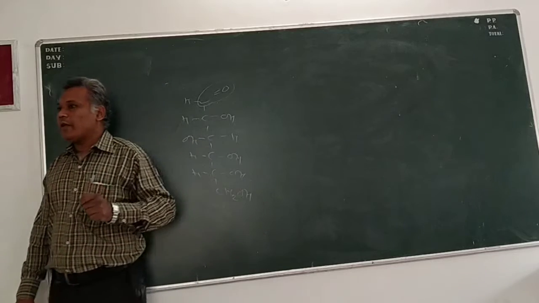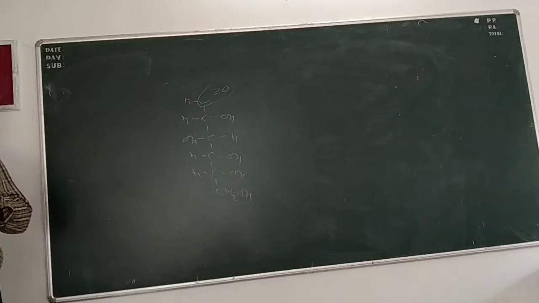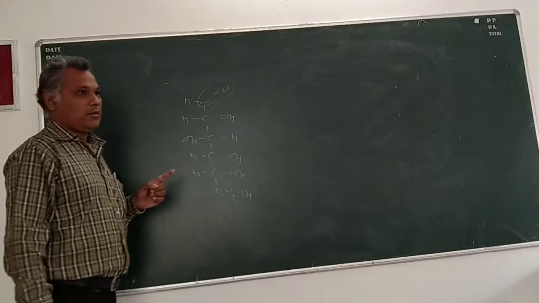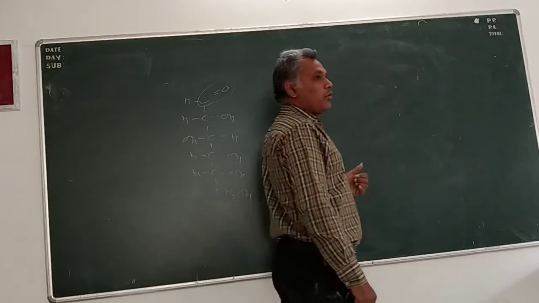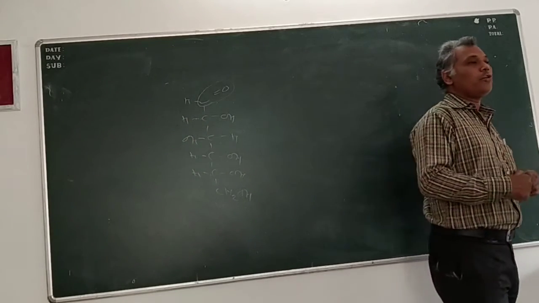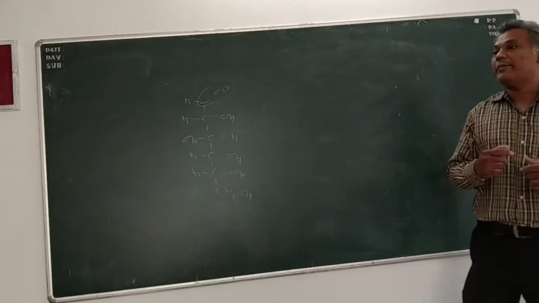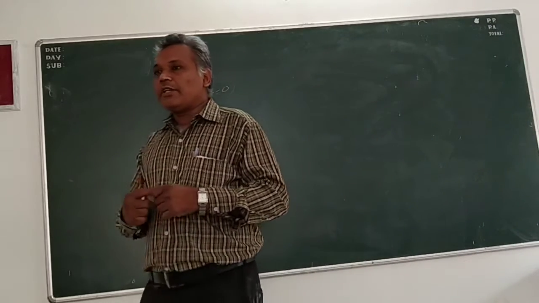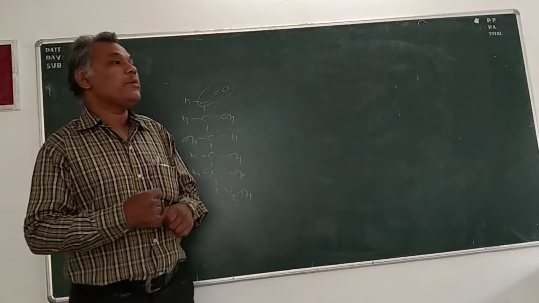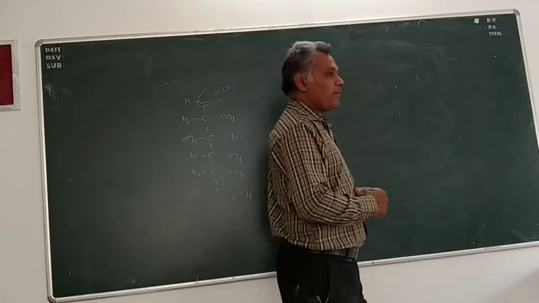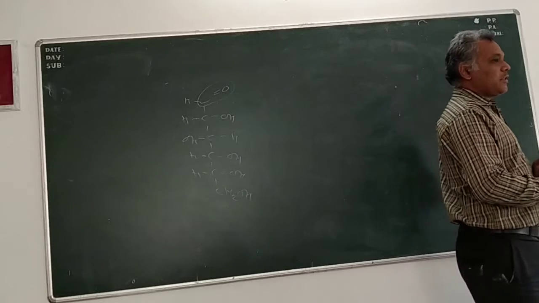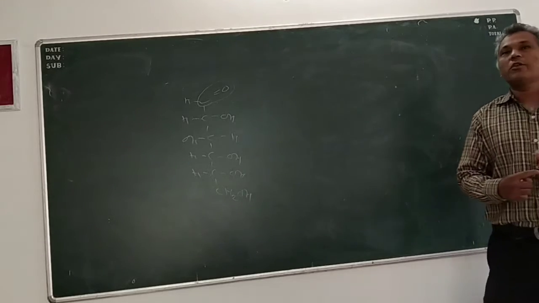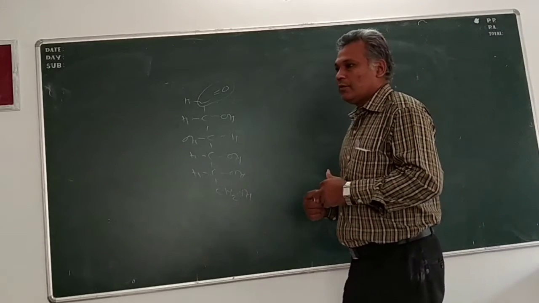Now see the word we are using: I am proving it is a carbonyl group, not an aldehyde, right? Glucose contains a carbonyl group, that we want to prove. Carbonyl can be present in carboxylic acid, in ketone, even in aldehyde. Ester also contains a carbonyl group, amide also contains a carbonyl group, right?